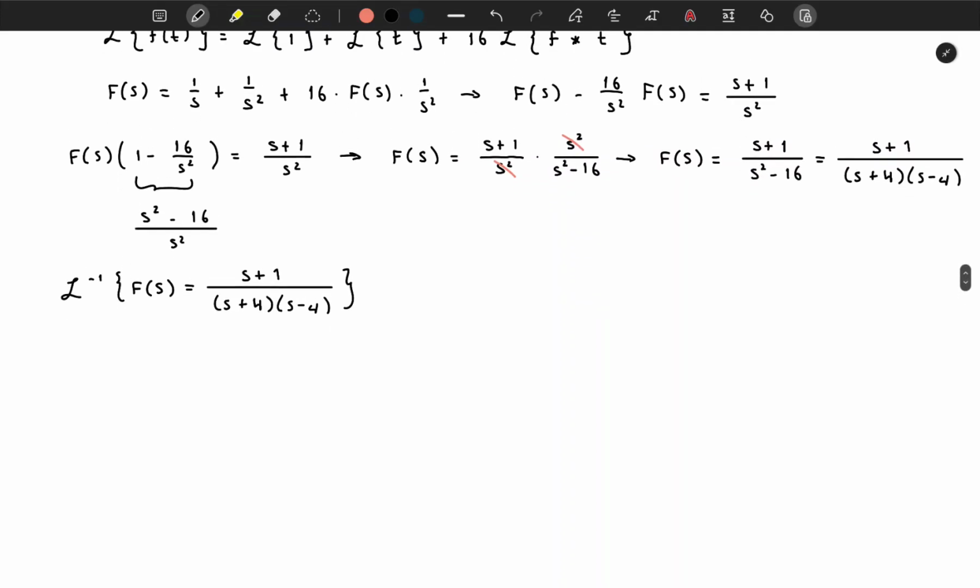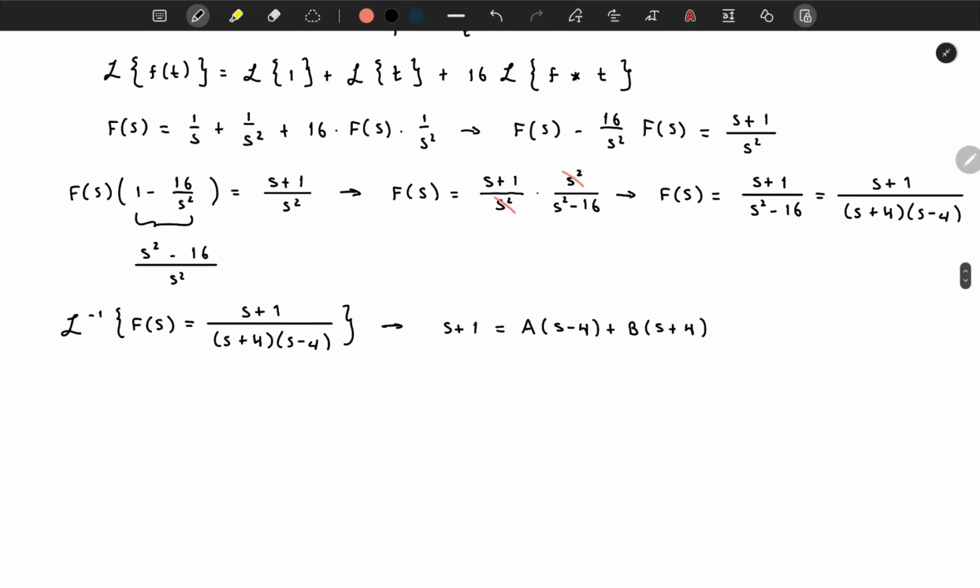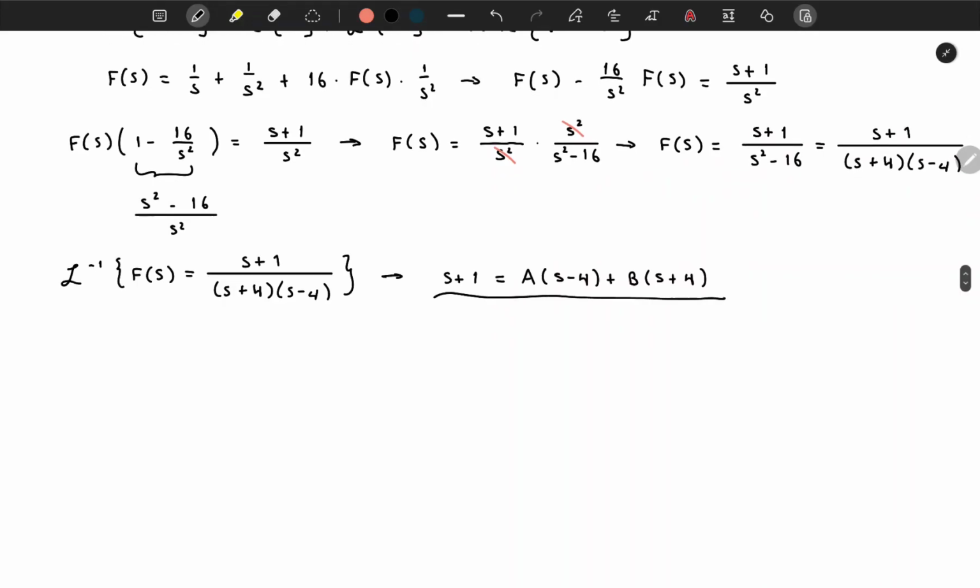Well, we can use partial fraction decomposition. Shouldn't be too bad. So technically, if we were to do partial fraction decomposition, we would have s plus 1 is equal to A times s minus 4 plus B times s plus 4. I just skipped a little step, but you should be able to get this when you do your partial fractions.